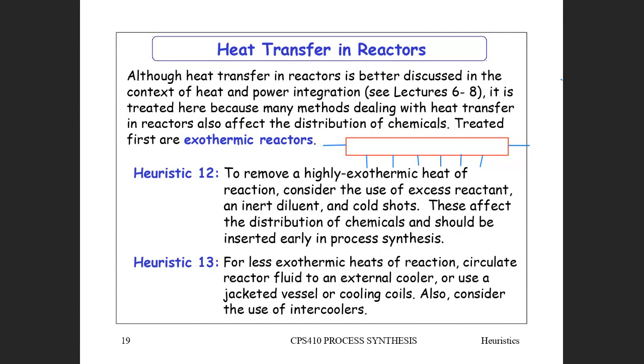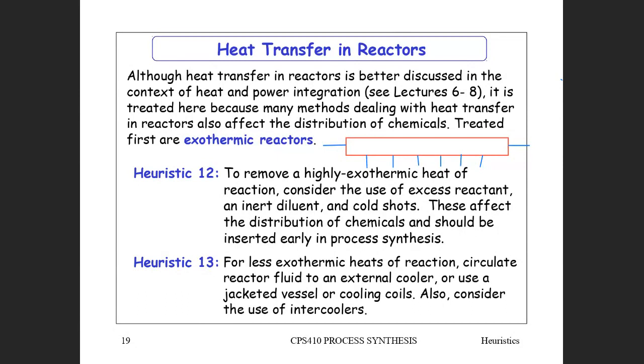You're not going to put in heat transfer tubes if it's a highly exothermic heat of reaction. You've got to use these other methods, because otherwise the temperature rises far too quickly, and you can get a temperature runaway too easily. For less exothermic heats of reaction, circulate reactive fluids to an external cooler or use a jacketed vessel or cooling coils. Also consider the use of intercoolers.